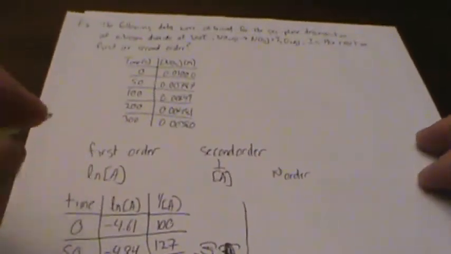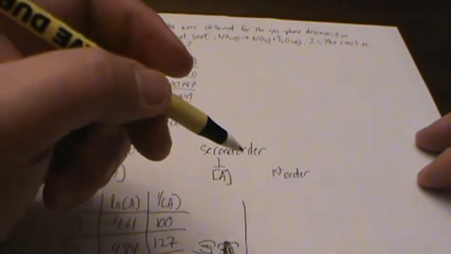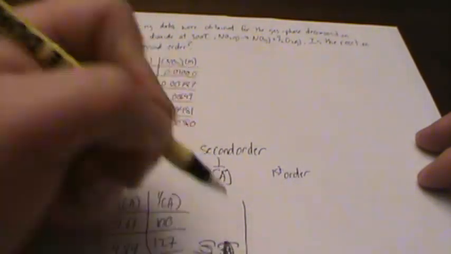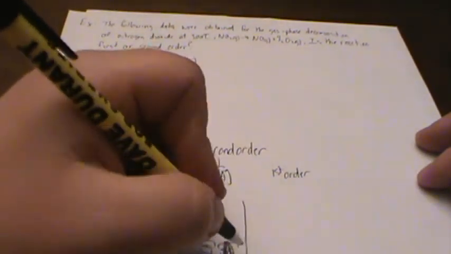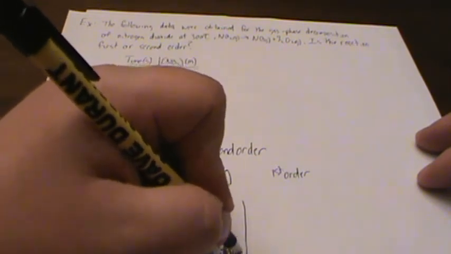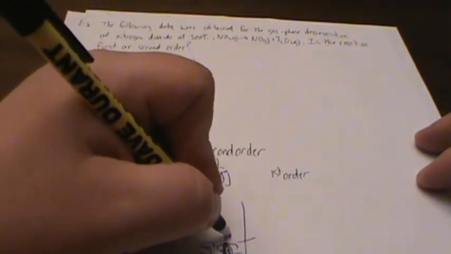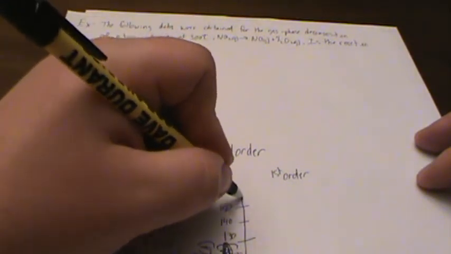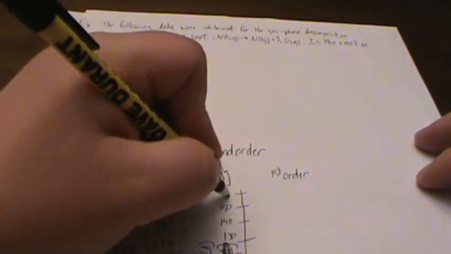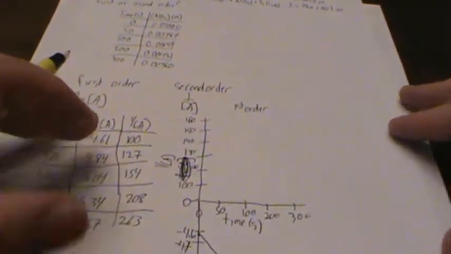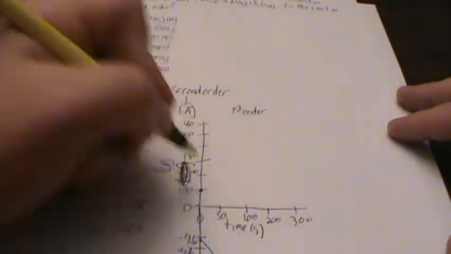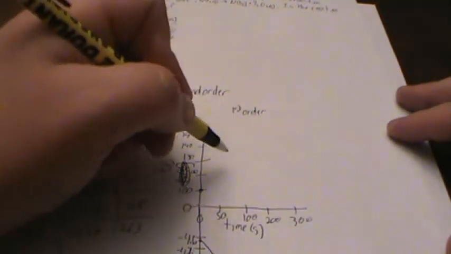Now on the positive y-axis, this is where I'm going to have the second order information. So I'm going to have the inverse of the concentration: 100, let's say 120, 130, 140, 150, 160. So at 0, we said we had 100. At 50, 127.